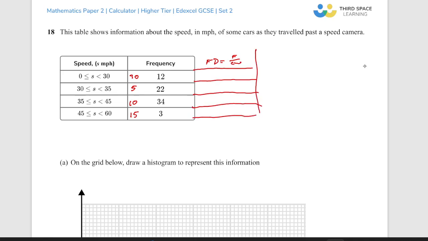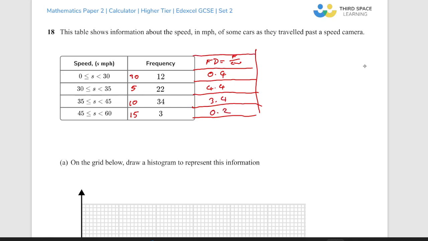So 12 divided by 30 is going to be equal to 0.4. 22 divided by 5 is 4 2/5, so 4.4. 34 divided by 10 is 3.4, and then finally 3 divided by 15 is 1/5, so 0.2.